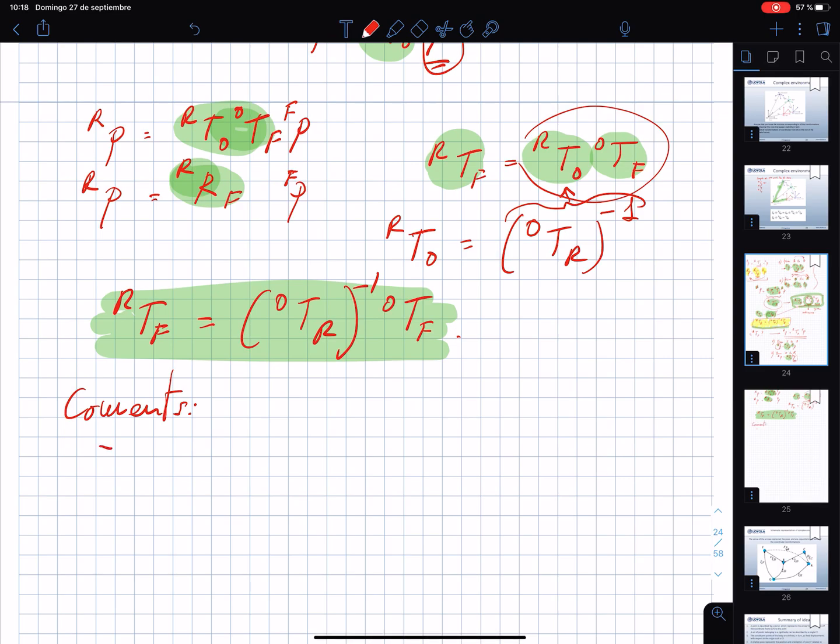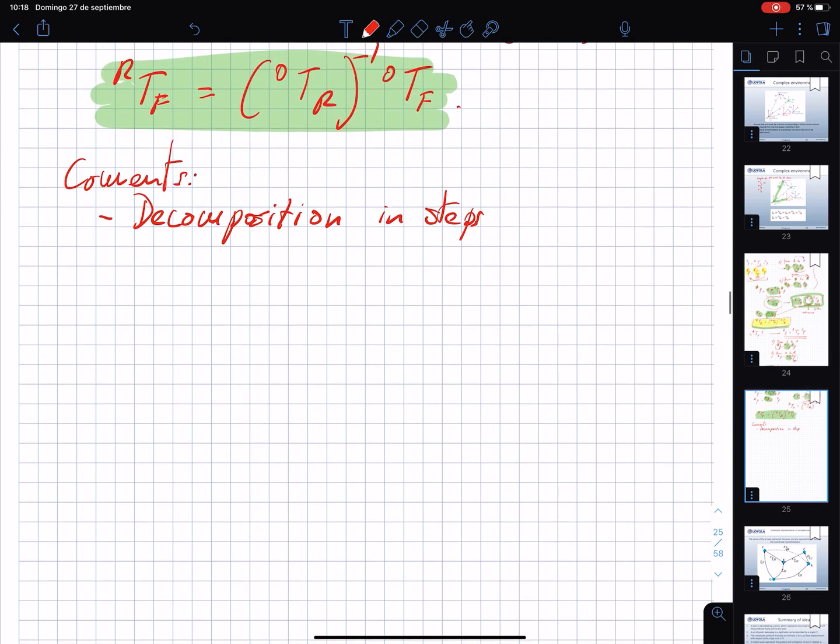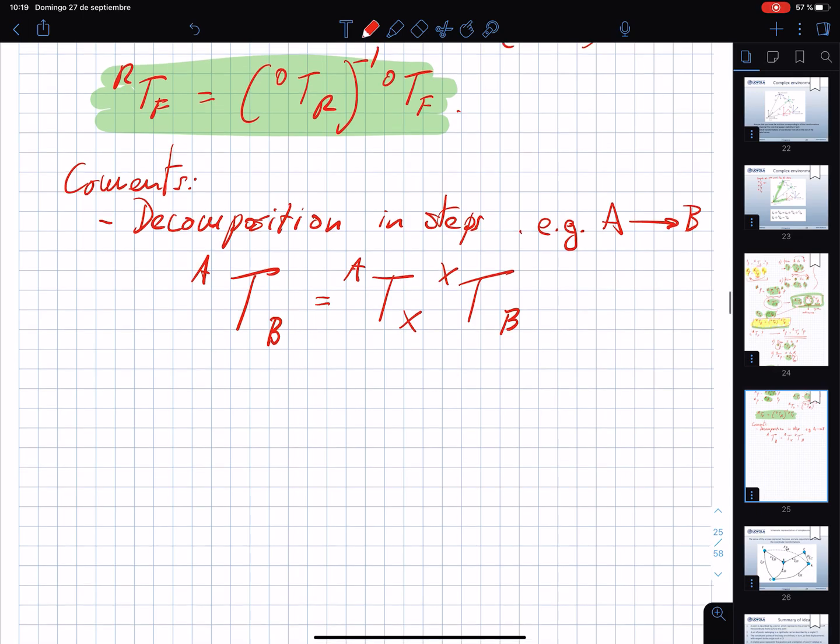When we have decomposed a coordinate change in a series of steps, we observe that, for example, if we want to go from some coordinate frame B to A, then we will always have TAB, that is from B to A, will always be equal to the transform from some coordinate system X to A multiplied by the transform of B to that intermediate coordinate system.